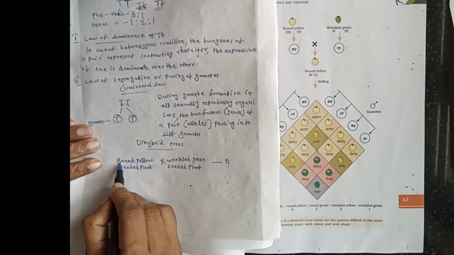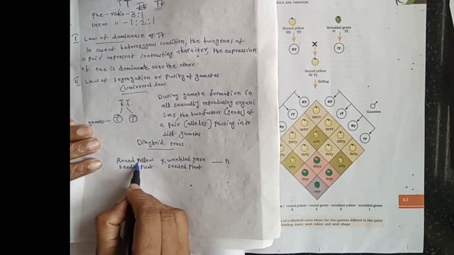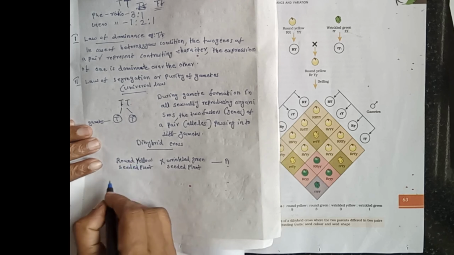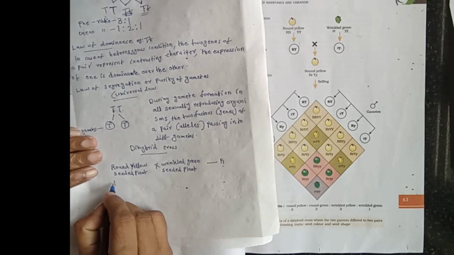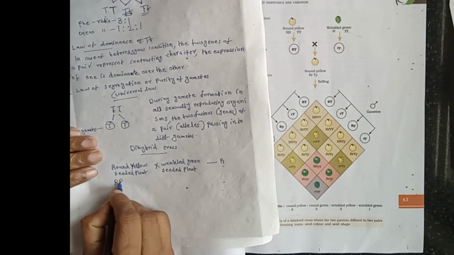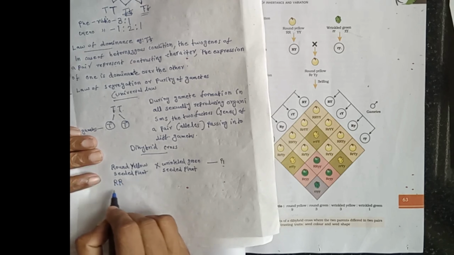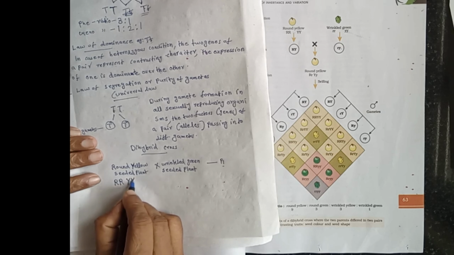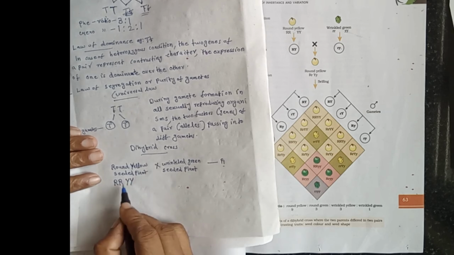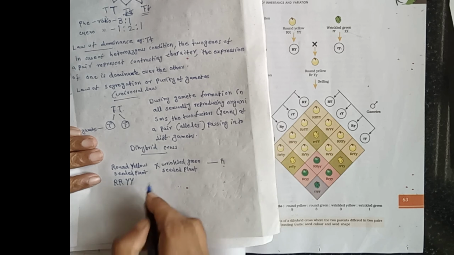The first letter of the dominant character is taken. So for round, capital R is the allele that represents roundness, and the yellow color of the seed is also controlled by a pair of genes.